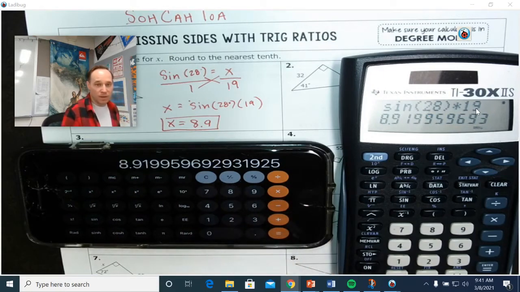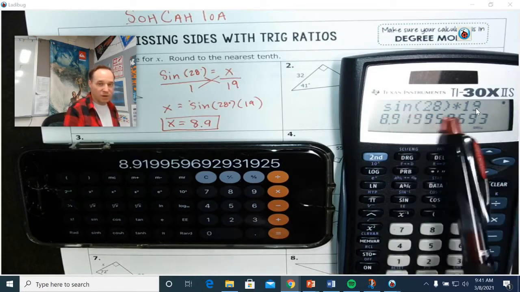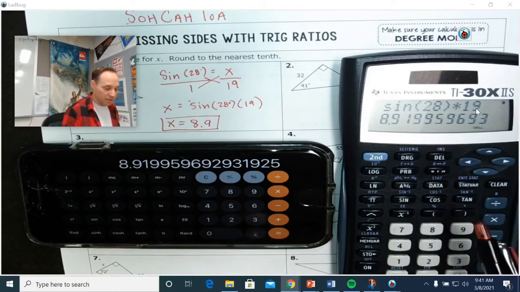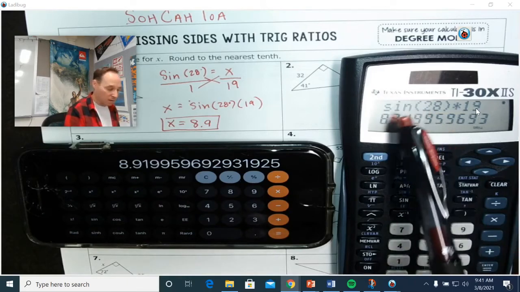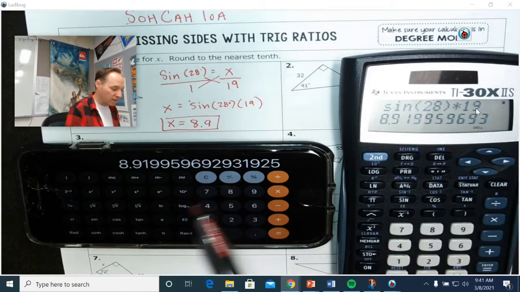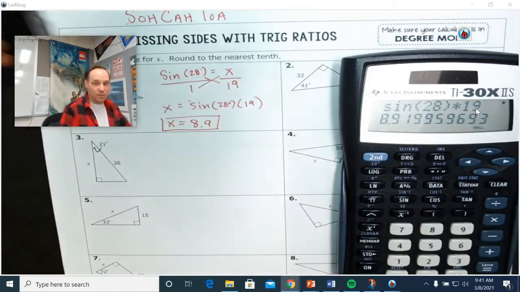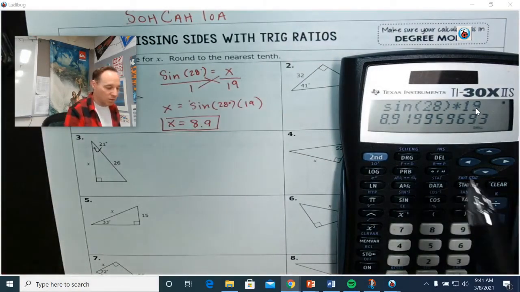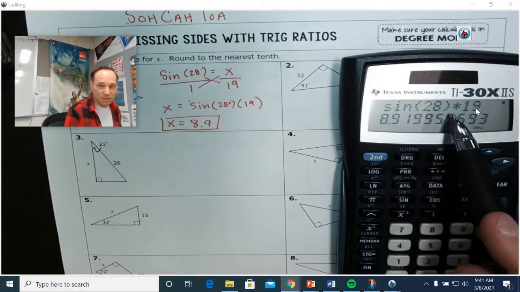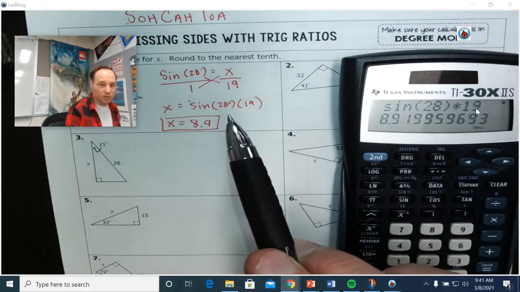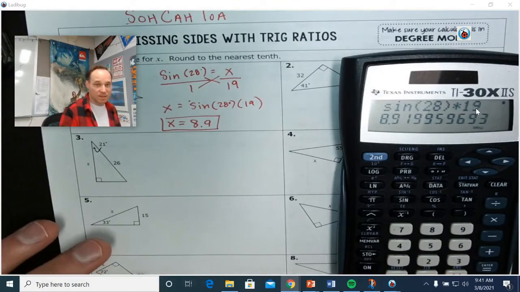And you get 8.91. So it's the exact same thing, except we just have to figure out how the parentheses are filled in. I actually like the calculator better because I like seeing this written out. Here, if you just hit the degree and then sine, it gives you the ratio for it. But all the ratios are stored in both of these. I'm going to be using my calculator because I like to show this. Sine of 28 times 19 is exactly what I had here when I solved my proportion. This is how we get it done.